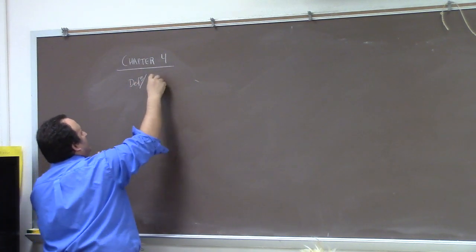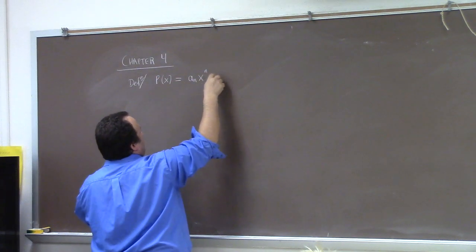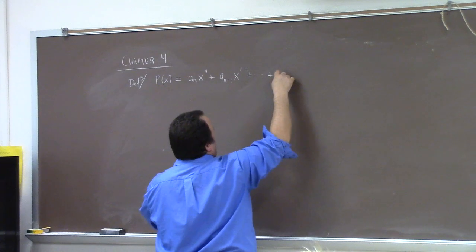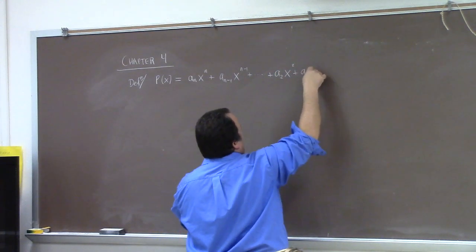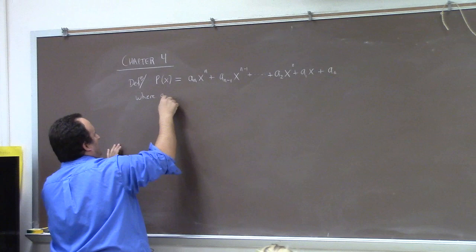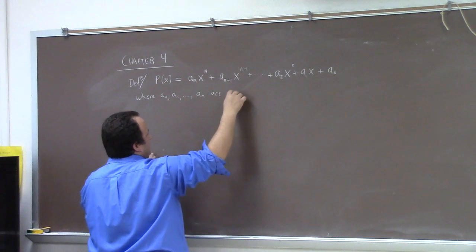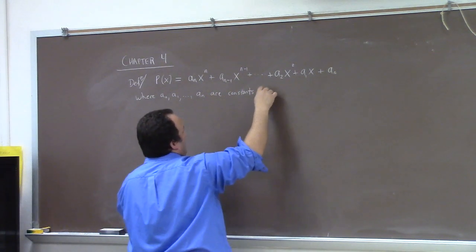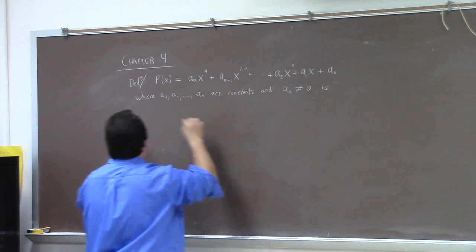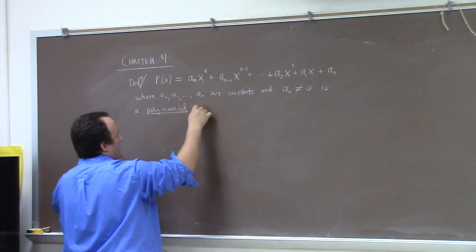So definition: P of x equal to a_n x to the n plus a_(n-1) x to the n minus 1 plus ... plus a_2 x squared plus a_1 x plus a_0, where a_0, a_1, ..., a_n are constants, and a_n is not equal to 0, is a polynomial of degree n.